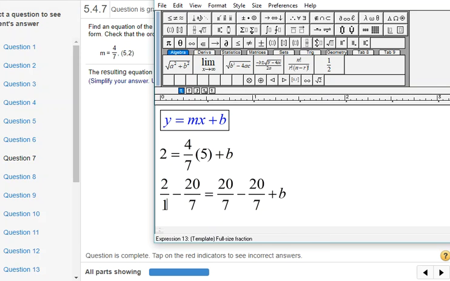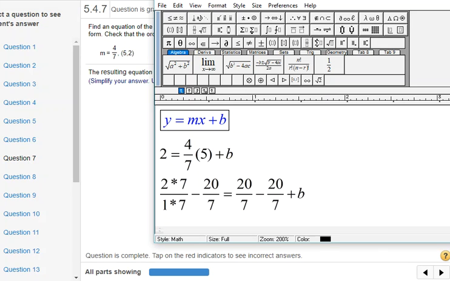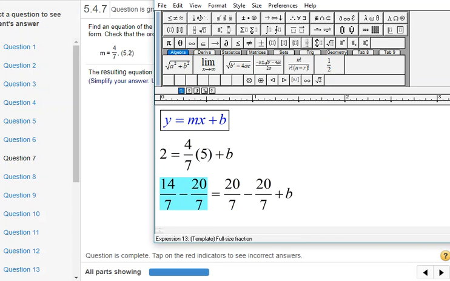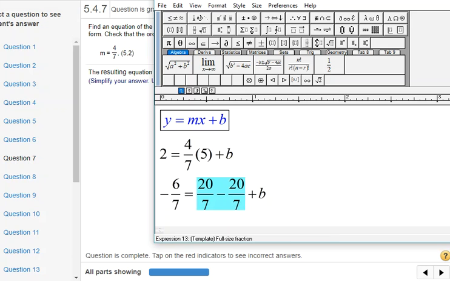I need to multiply by 7 on top and bottom to get the common denominator of 7. 1 times 7 is 7, and 2 times 7 is 14. Now, finishing that subtraction, 14/7 minus 20/7, 14 minus 20 is negative 6, so that will give me negative 6/7 equals b.